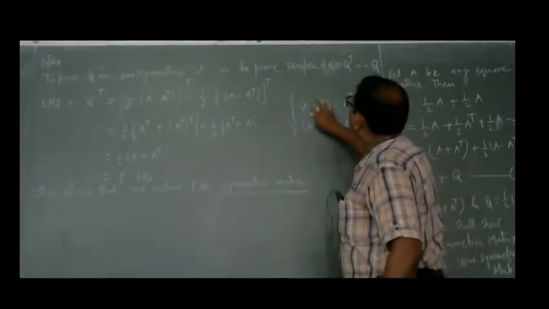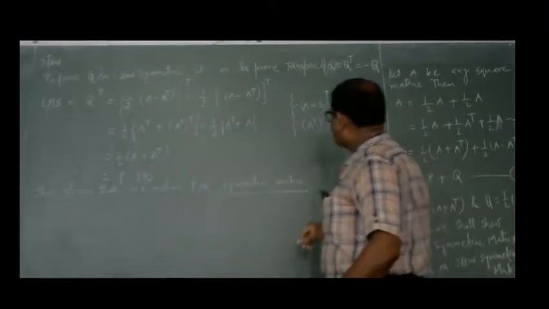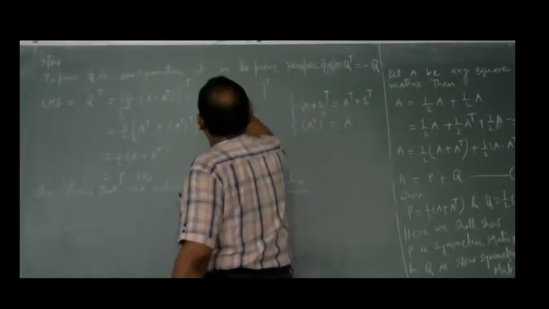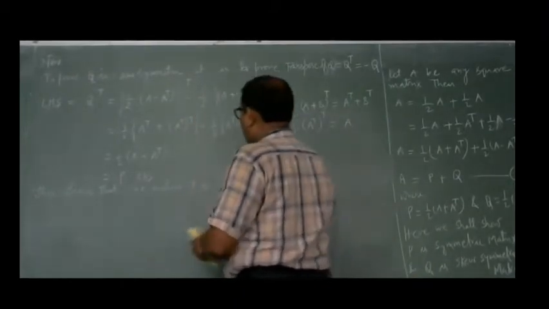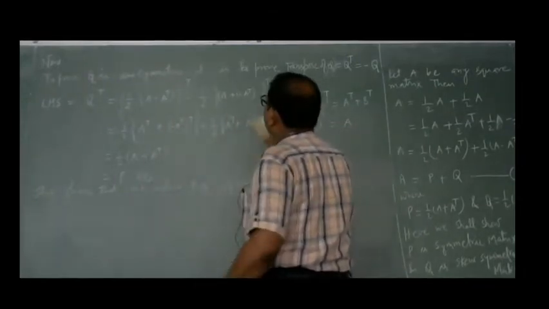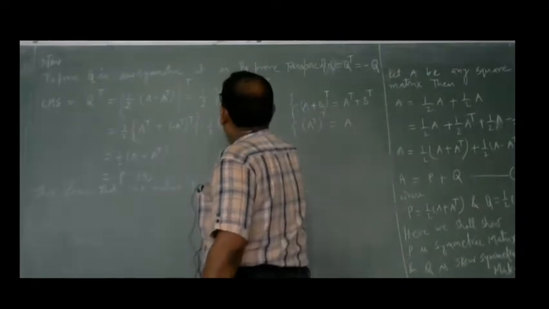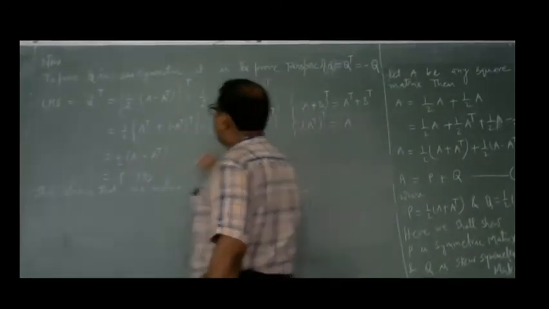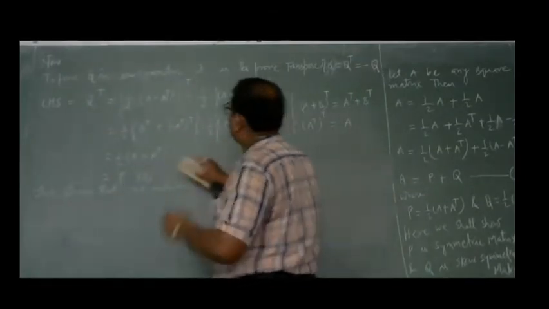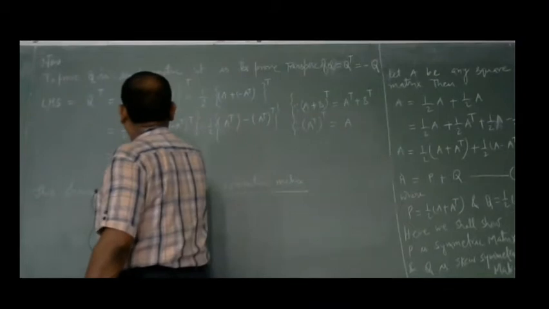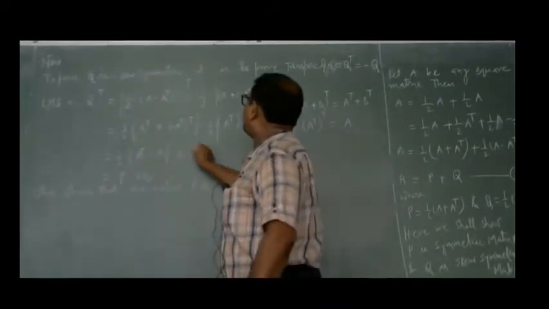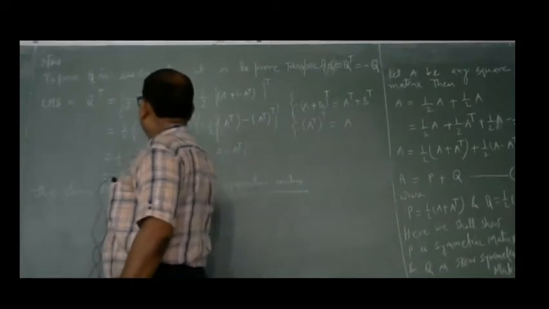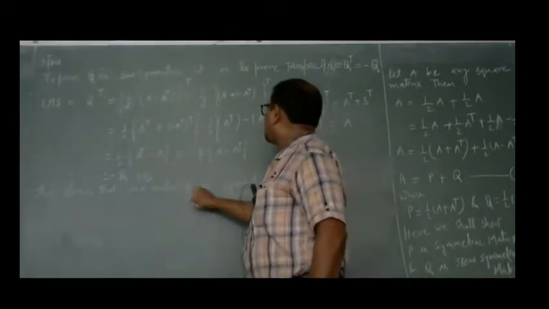We can write this as half of A transpose minus A, or we can say minus half of A minus A transpose, and so this gives minus Q, which shows the matrix Q is skew symmetric.